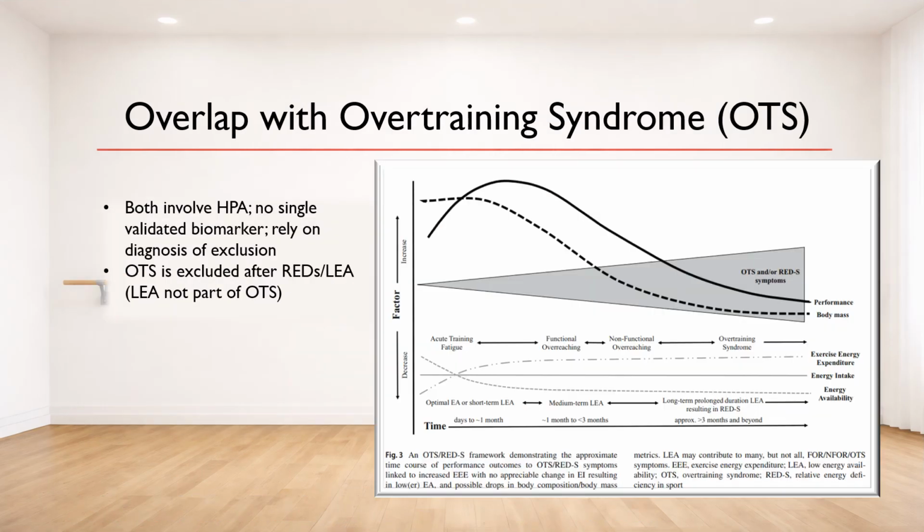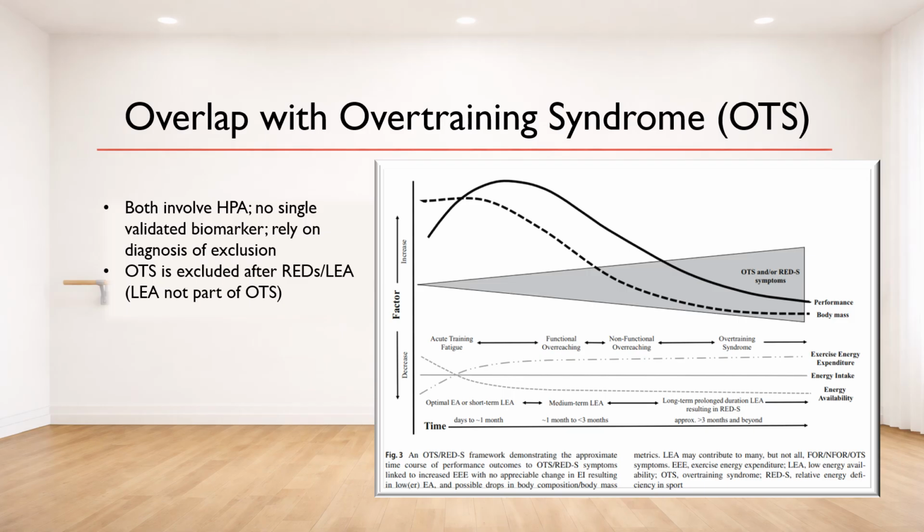These mental health factors and some of the physiologic factors represent significant overlapping components between the triad or REDS and something called overtraining syndrome. Overtraining syndrome essentially occurs at the late stage of non-functional overreaching.